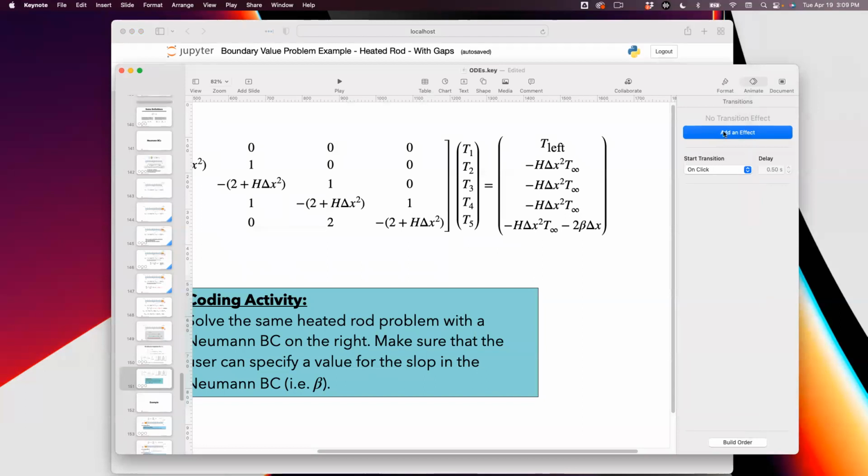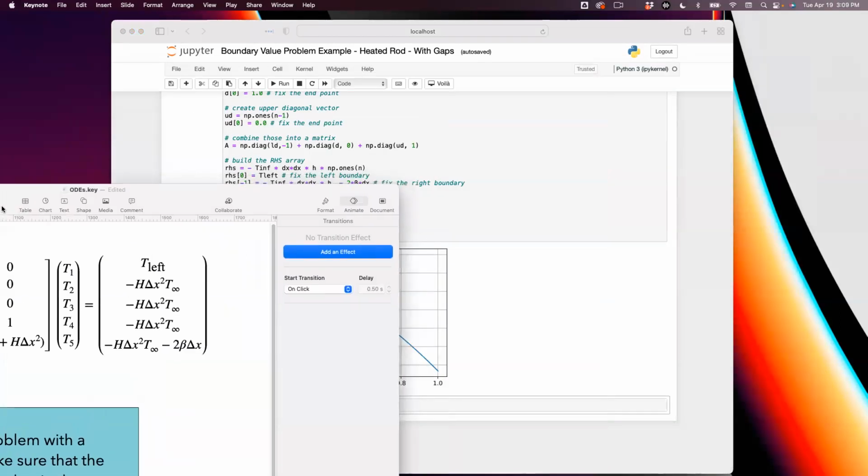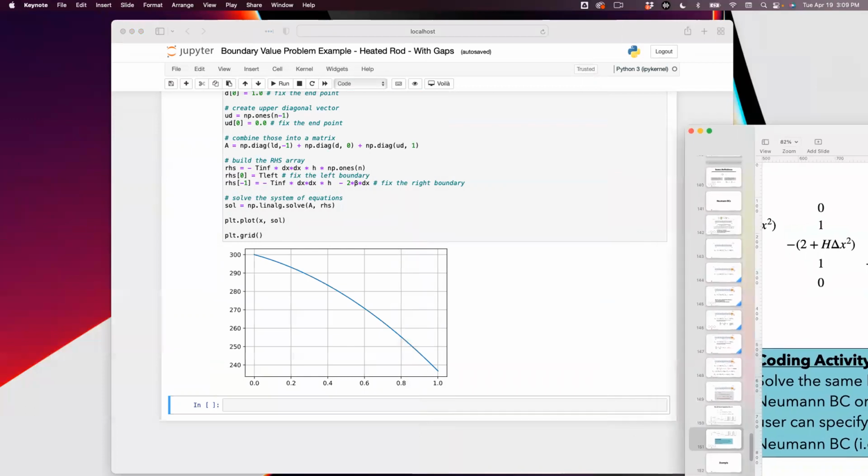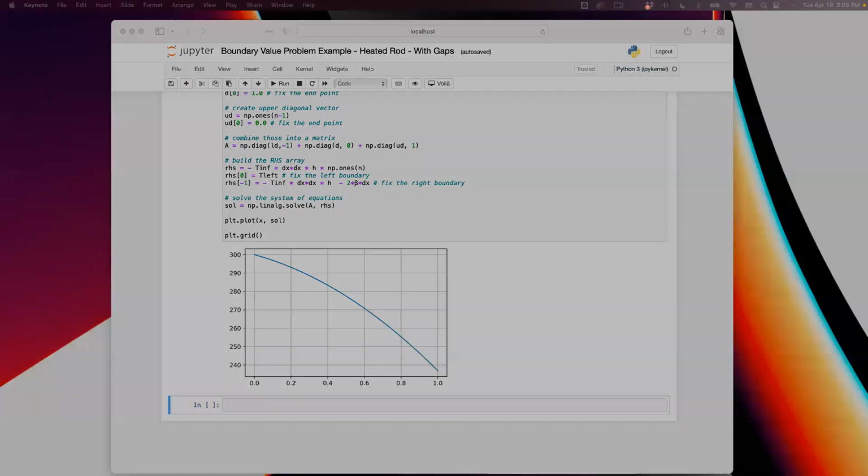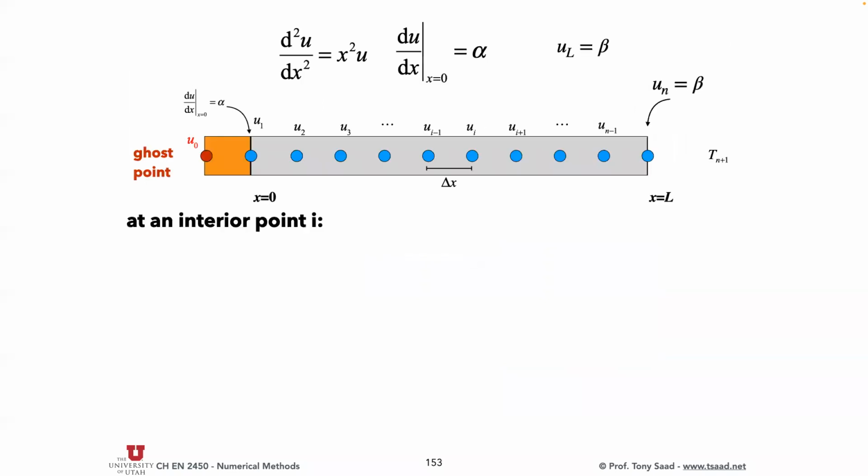We have time to do an example, and then I will let you go. I'll go through this example briefly. Your governing equation here is d2u by dx squared equals x squared u. It shouldn't scare you.